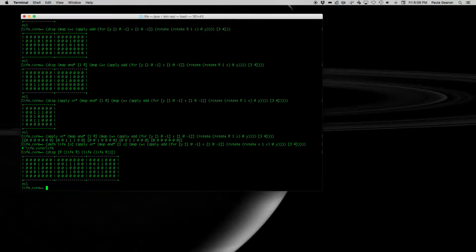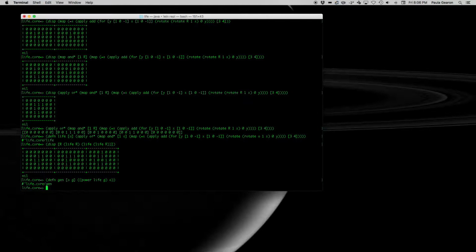We can abstract this progression by making function gen for generation, which is life to the power of the right argument applied to the left argument. So R bound to gen applied to each of the first 4 numbers gives us 4 generations.